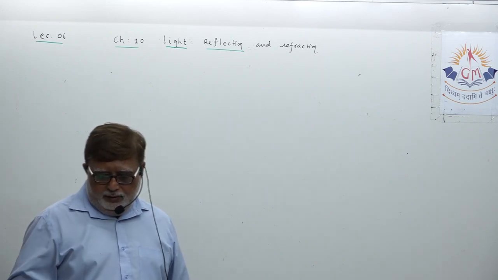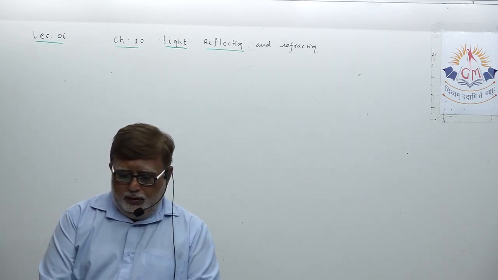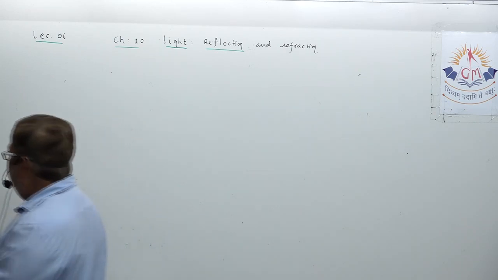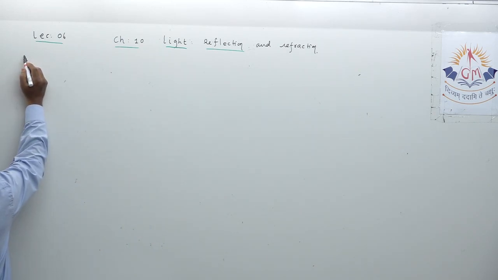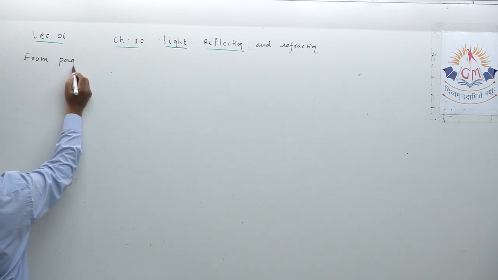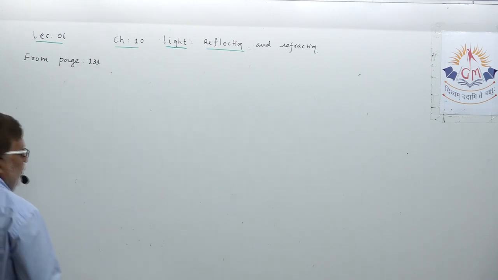What is given in data? One is radius of curvature. We are actually solving an example from page 133, from page 133 we are solving this particular example.